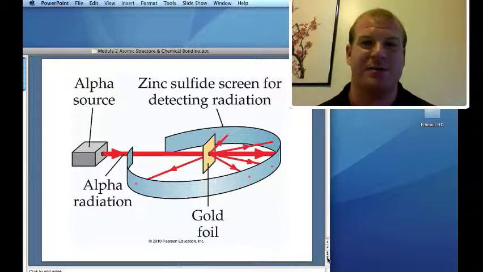A smoke detector at your home works the same way. It shoots out radiation, and when smoke hits the radiation, it ionizes the smoke and then finds a detector. So Rutherford shot radiation at this piece of gold foil and put a phosphor screen around it, and when a particle hits this screen, it flashes.